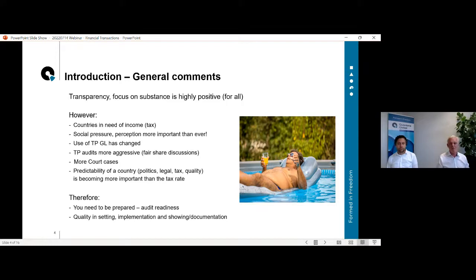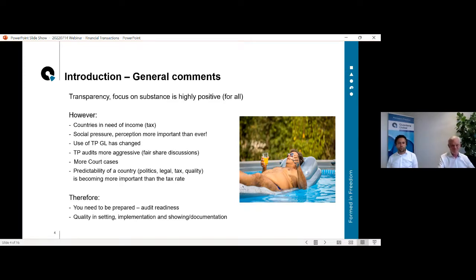I think that's a good thing, because to discuss it with the facts on the table is always the right start. However, countries are in need of tax, and it's not a coincidence that the BEPS started in 2013, at the moment that we just had a recession. I think the same thing is happening now.